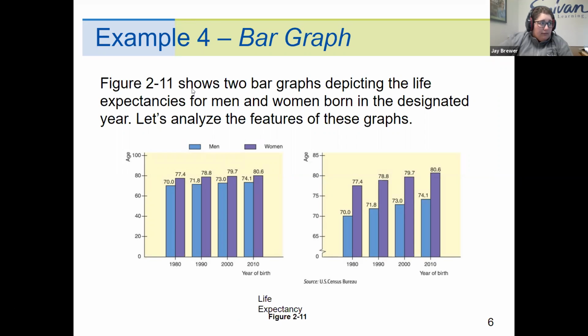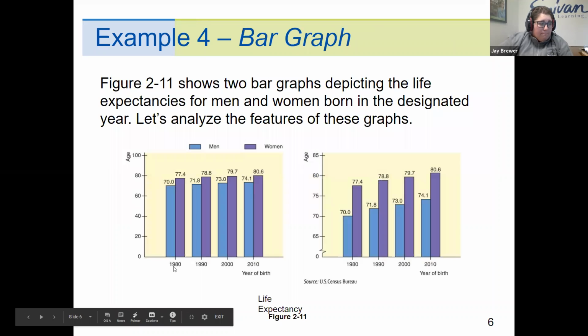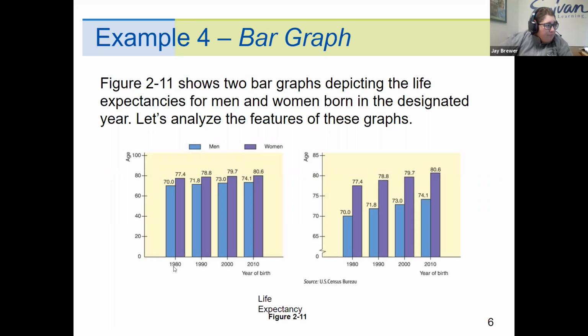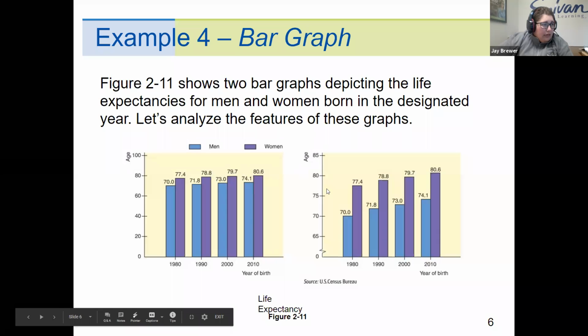We have figure 2.11 shows two bar graphs depicting the life expectancies for men and women born in designated year. So then let's take a look at them. Okay. So take a look at the age scale in each of these, and then you can kind of see which one would be a better representation.